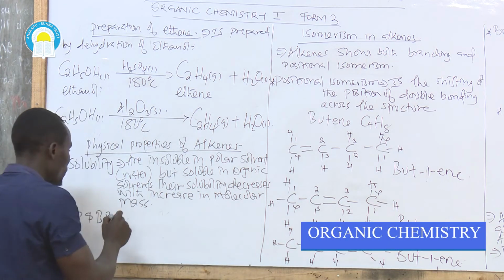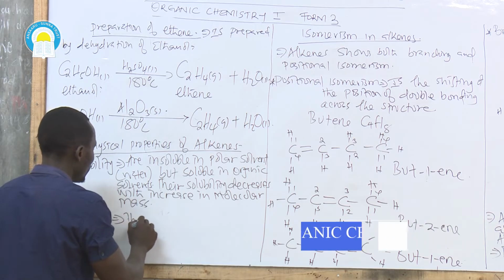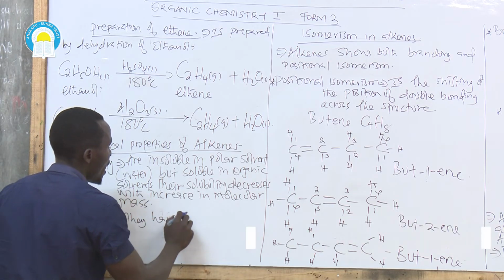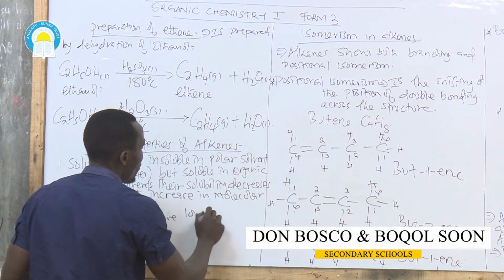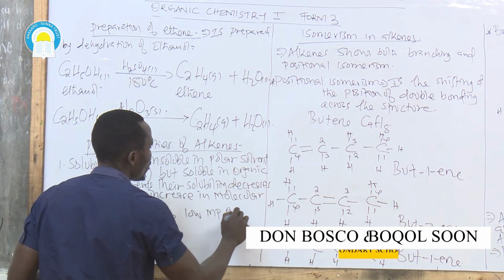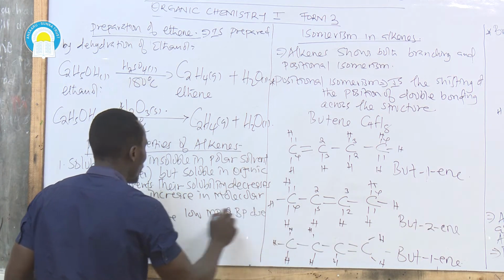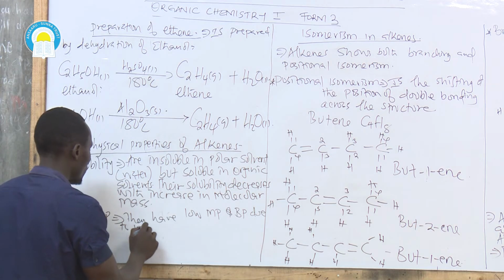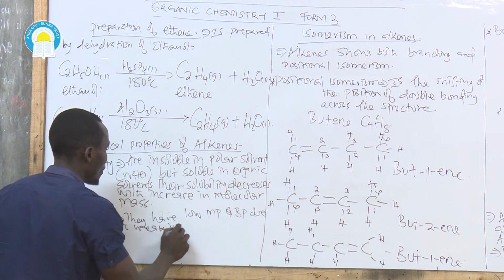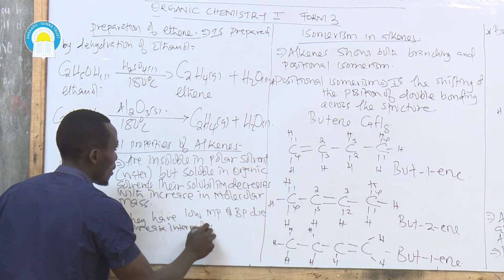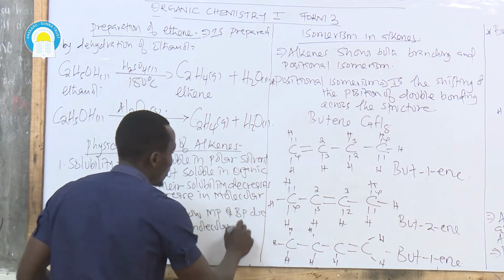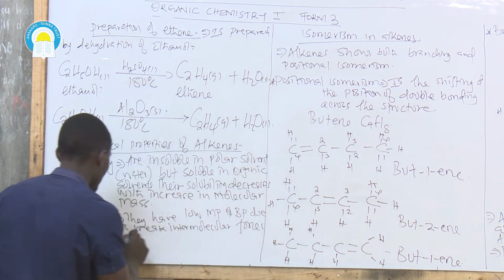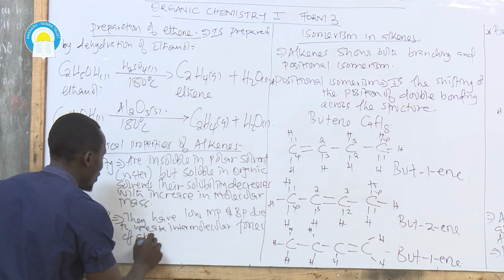So we say they have low melting point and boiling point due to weak intermolecular forces of attraction.